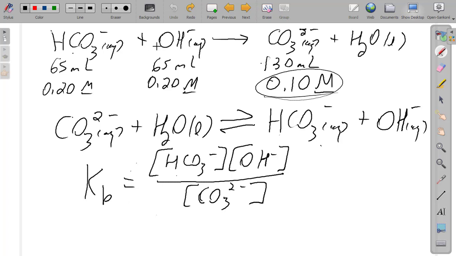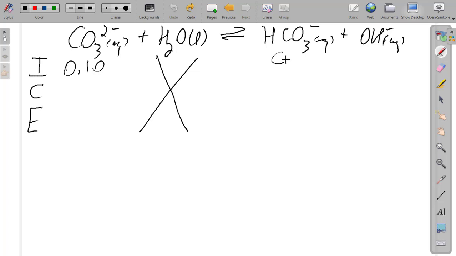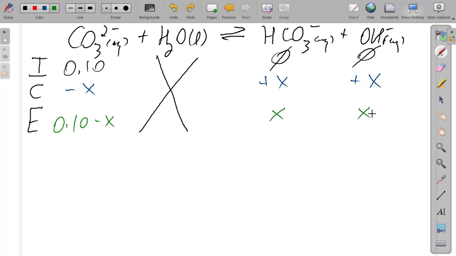And so there's none of this whenever we turn this around, because now we're just starting again fresh. So the bicarbonate and the hydroxide concentrations are 0 at the outset of this new equilibrium reaction. So now change again. Logically, we don't know yet. So minus x, and plus x, because it's all 1 to 1 to 1. So on the equilibrium line, we have 0.10 minus x, and x.